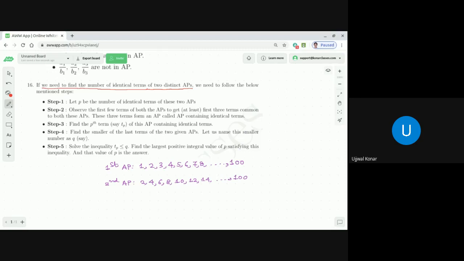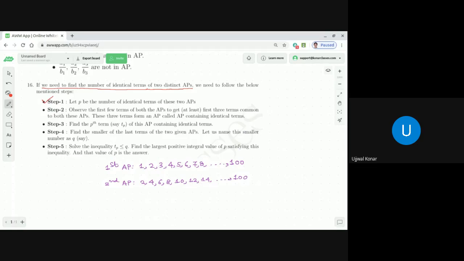I repeat, dear students, if you do not follow these steps, you will still be able to find the solution using your existing mathematical knowledge, but it will take a little longer than if you follow the steps. The first step is: let P be the number of identical terms in these two APs.